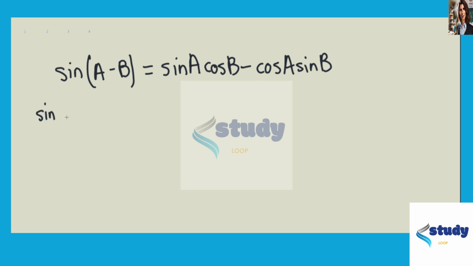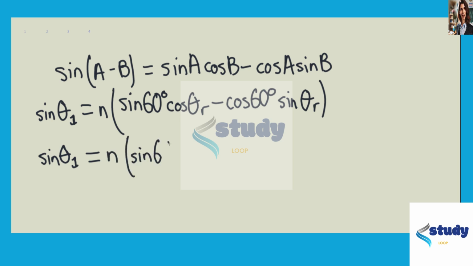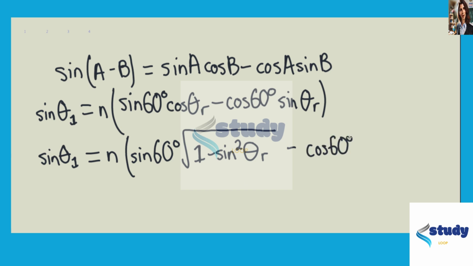So we can say sine of theta sub 1 would be equal to n times sine of 60 degrees cosine of theta sub R minus cosine of 60 degrees sine of theta sub R. And so sine of theta sub 1 would be equal to n sine of 60 degrees times the square root of 1 minus sine squared of theta sub R, and this would be minus cosine of 60 degrees sine of theta sub R.